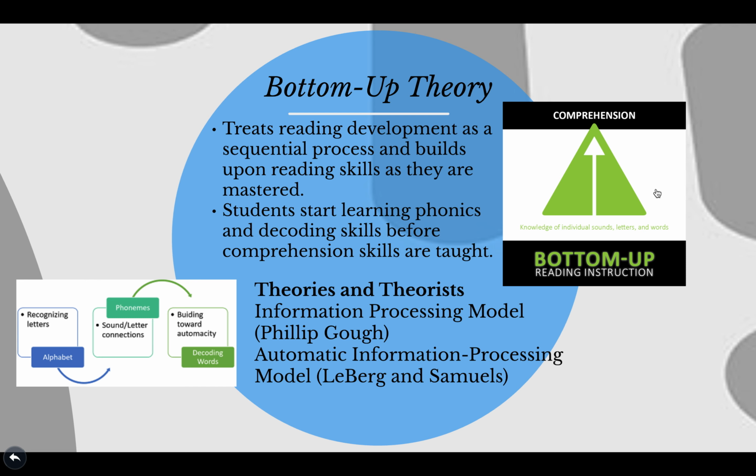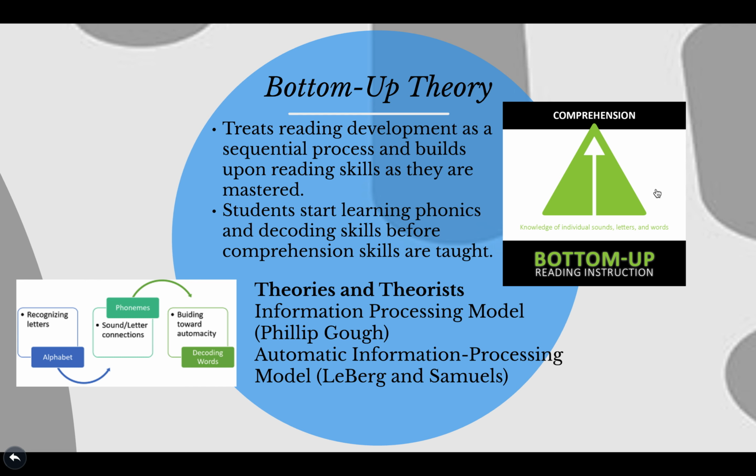A second model that supports this approach is the automatic information processing model. This model was created by LaBerge and Samuels, and is very similar to Gough's model in that comprehension follows decoding. This model begins by developing automaticity in visual letters and words, then letter and language sounds, and lastly, meaning making of words.